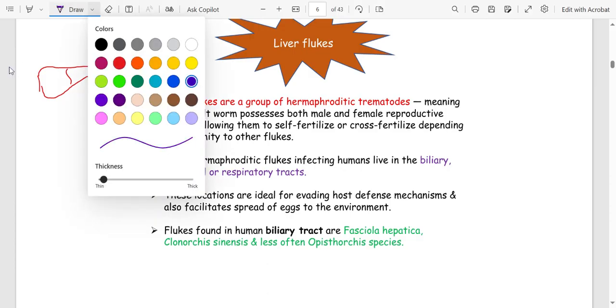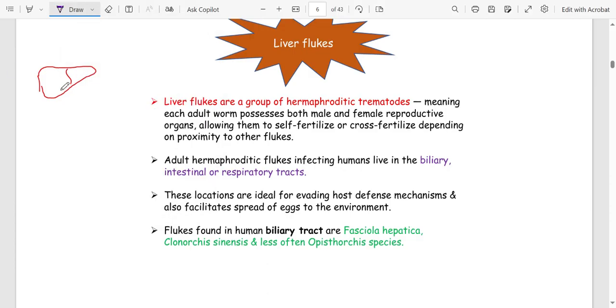On the right you have the right hepatic duct joining with the left hepatic duct, and this forms the common hepatic duct. Then you have the gallbladder, which sends its duct, the cystic duct. When the cystic duct joins with the common hepatic duct, we form the common bile duct, or the bile duct.